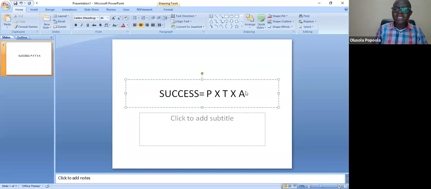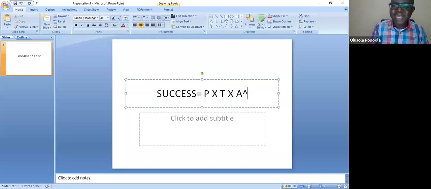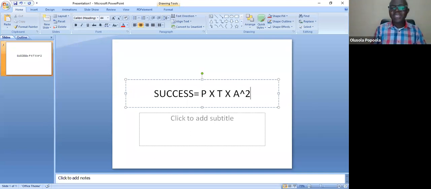This is A raised to power 2. I don't know how to put raised to power 2 here. Let me try. Times A raised to power 2. Okay, at least you're in the class, you are seeing it. So this is what I actually mean: P times E times T times A raised to power 2.